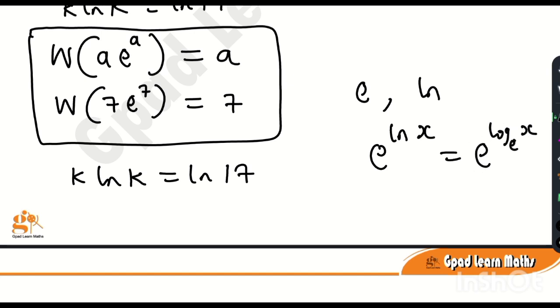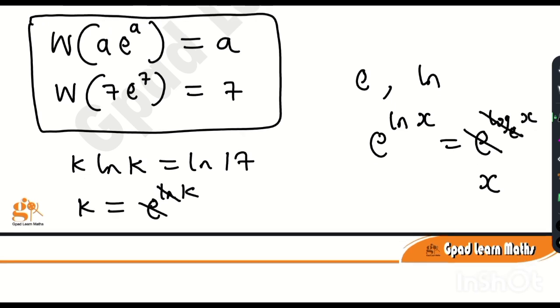Notice they are inverse functions, logarithm and e. So when they cancel out, what do you have? x. So if I have to introduce e into this equation, I will replace k. I'm going to say k is equal to e raised to ln k, because the natural logarithm and e will cancel out and you have k back. So because we need to introduce e into this equation, I will substitute k for e raised to ln k.